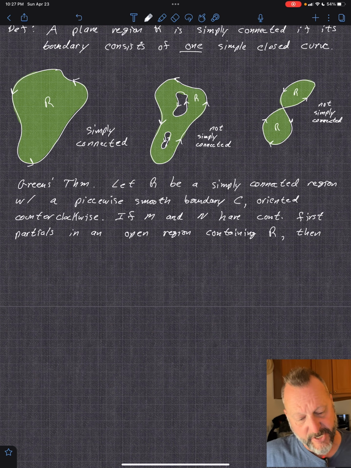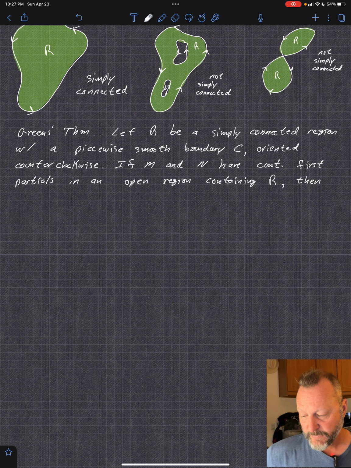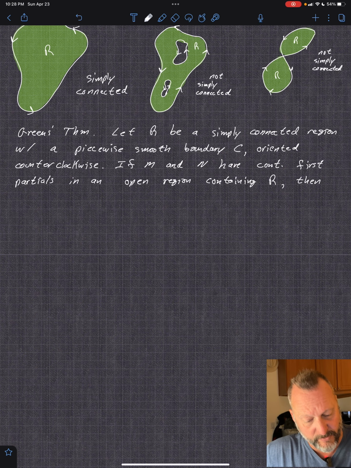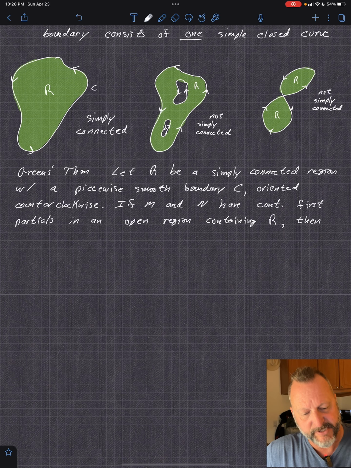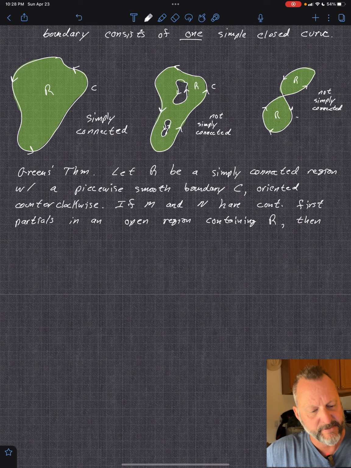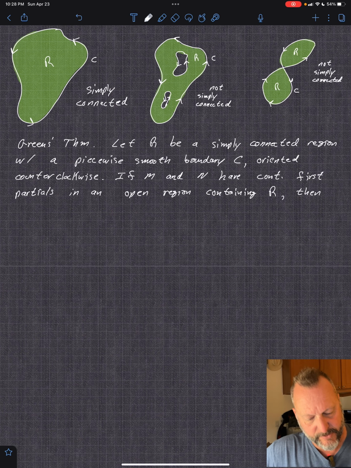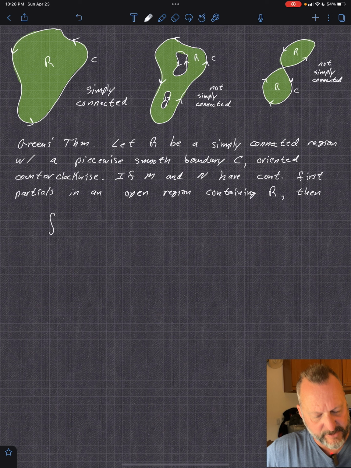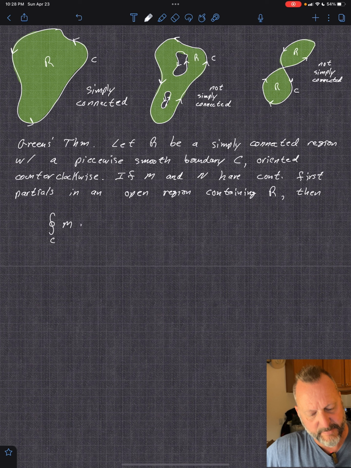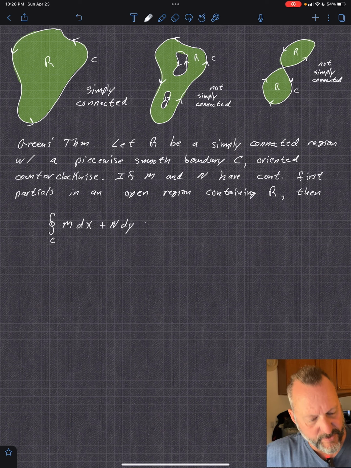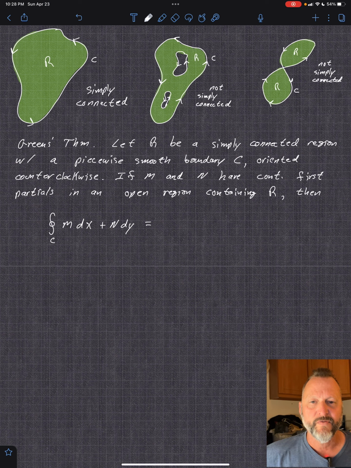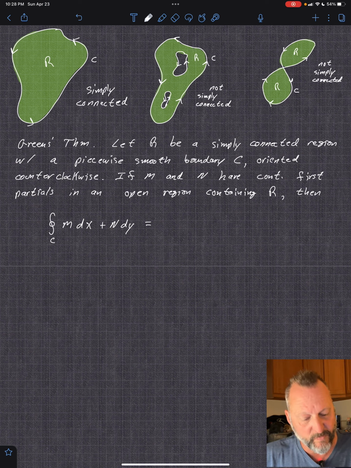All right, then you get this formula, which is kind of nice, kind of cool. So you picture the region above as your C. So that's your C, and you have a simple closed curve over C, and it's M dx plus N dy. You basically integrate over that with a double integral over the region.